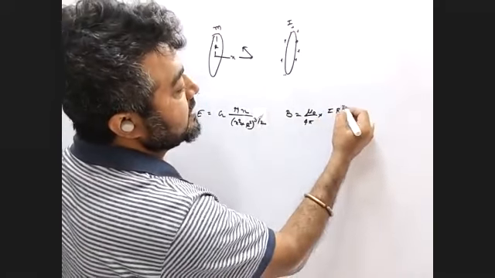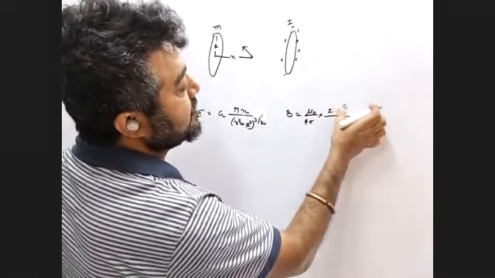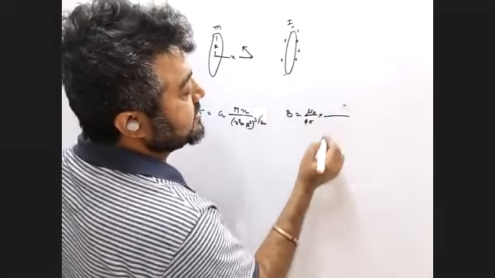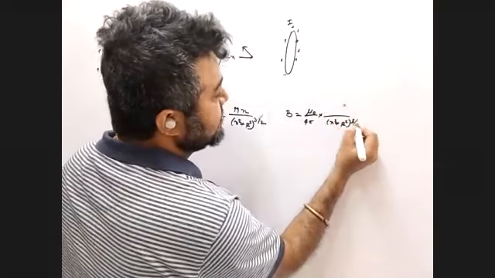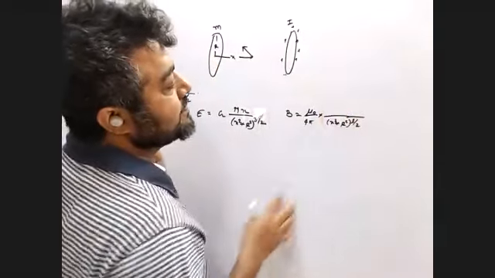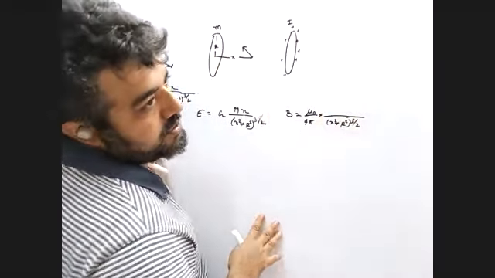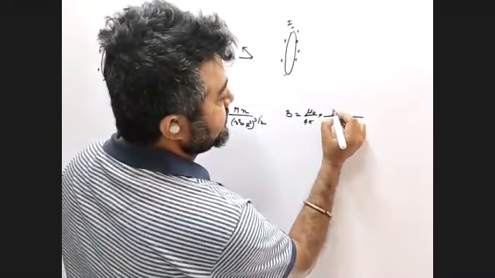I R square, what was it? Mu naught by 4 pi, x square plus R square to the power 3 by 2. What was it here?